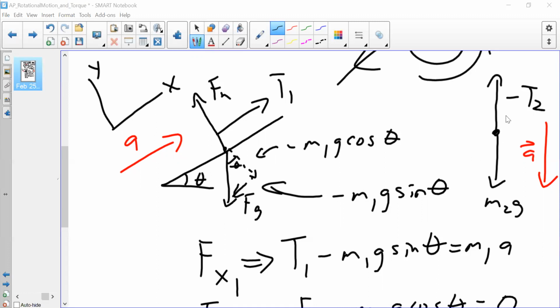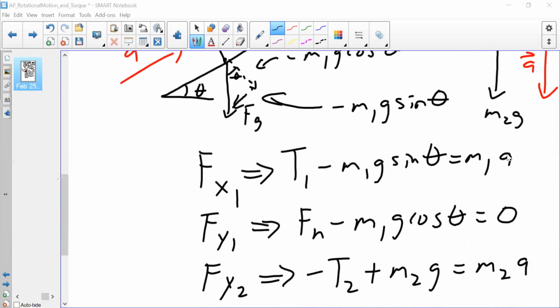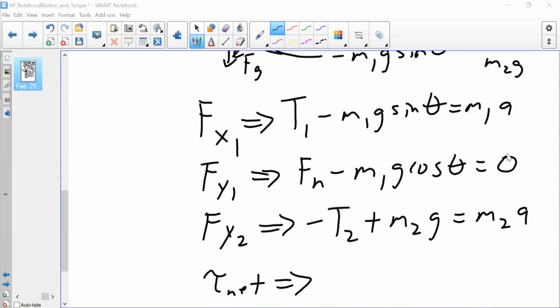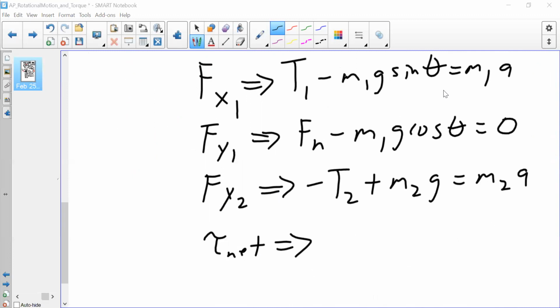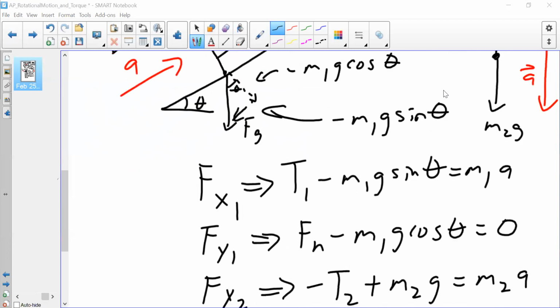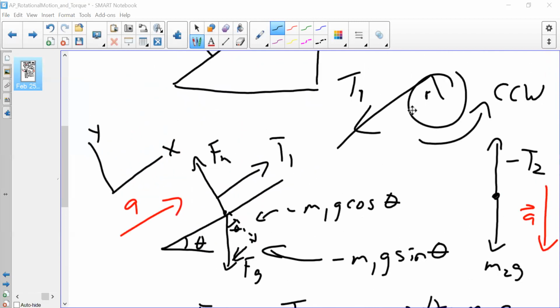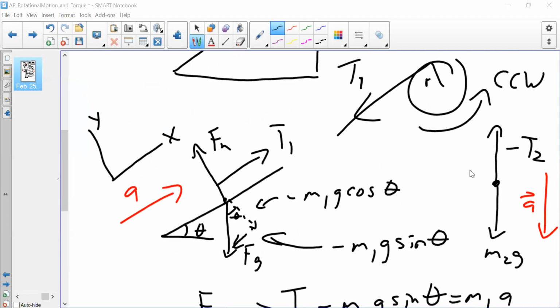And then for mass 2, the only forces that exist are in the vertical direction. So that's why we have 2. The up and down. Okay, so going back to the torque equation there, so we have T1R, yeah, counterclockwise.